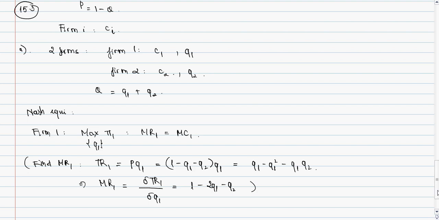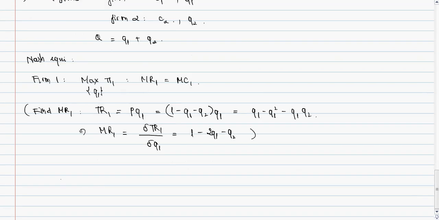Okay, so I already found the marginal revenue. I just have to substitute back into my equation where marginal revenue has to be equal to marginal cost. So marginal revenue equal to 1 minus 2Q1 minus Q2 has to be equal to the marginal cost, which is C1 in this case.